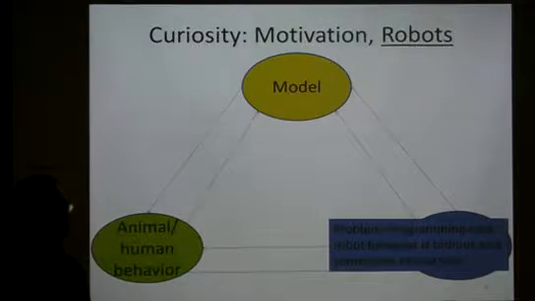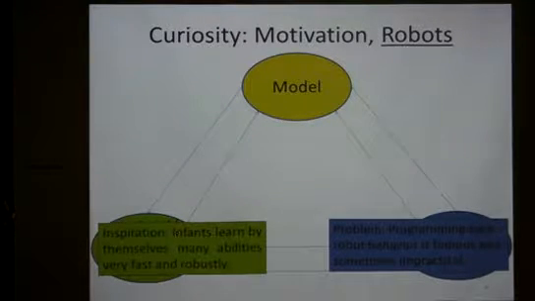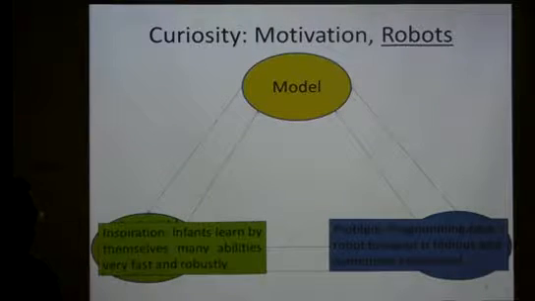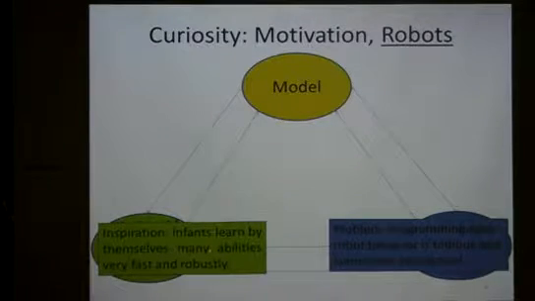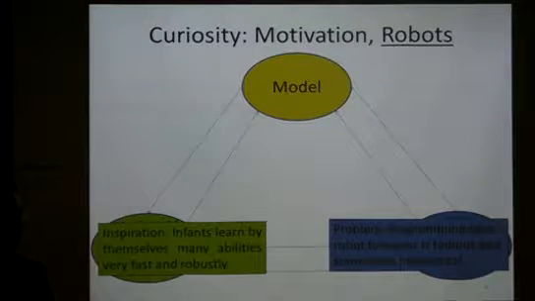You can't program everything into the robot by hand. On the other hand, infants learn to do a lot of things by themselves without any teacher. They learn how to walk, they learn how to speak, they process visual information, act in the world. It's amazing how much infants can learn in the first few months of their lives. And they do it very robustly. They can act in different environments.